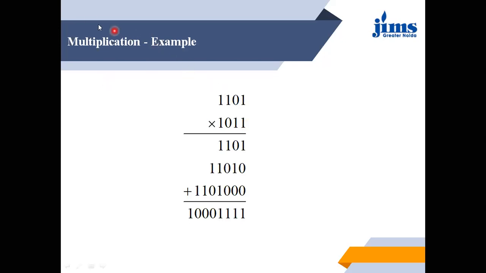But what is happening over here? We are multiplying 4-bit numbers, so there should be 4 rows. When we have 4 bits, there should be 4 rows, but there are only 3 rows.